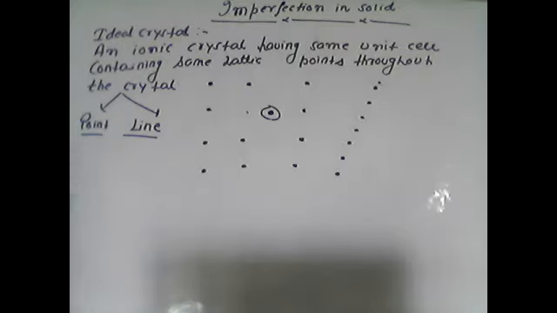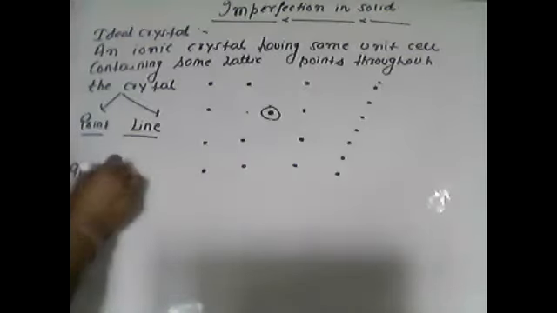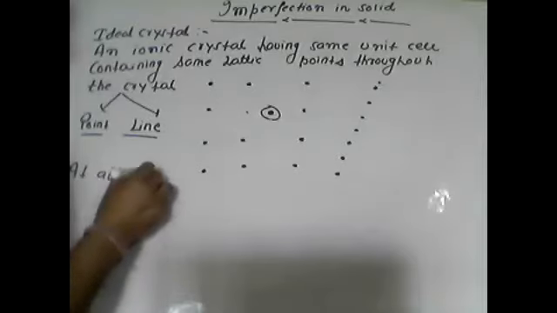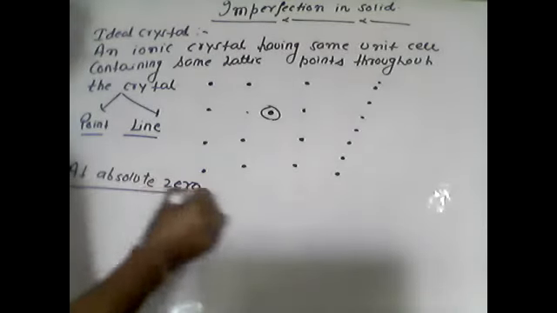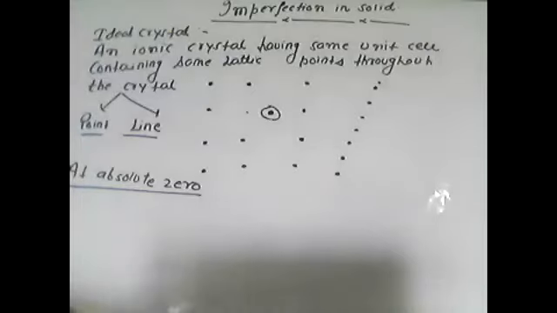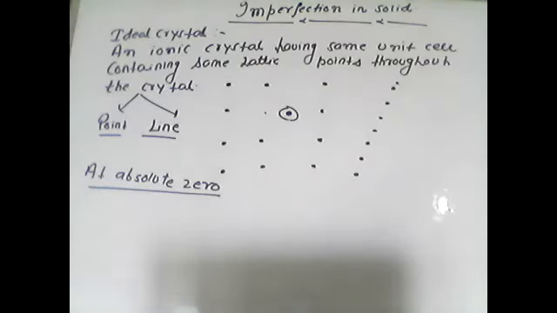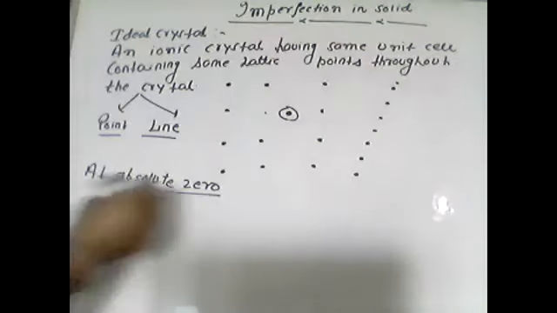Now, the second important thing that you must know: at absolute zero. What is the meaning of absolute zero? I hope all of you know it, minus 273.15 degrees Celsius. Absolute zero means 0 Kelvin temperature.